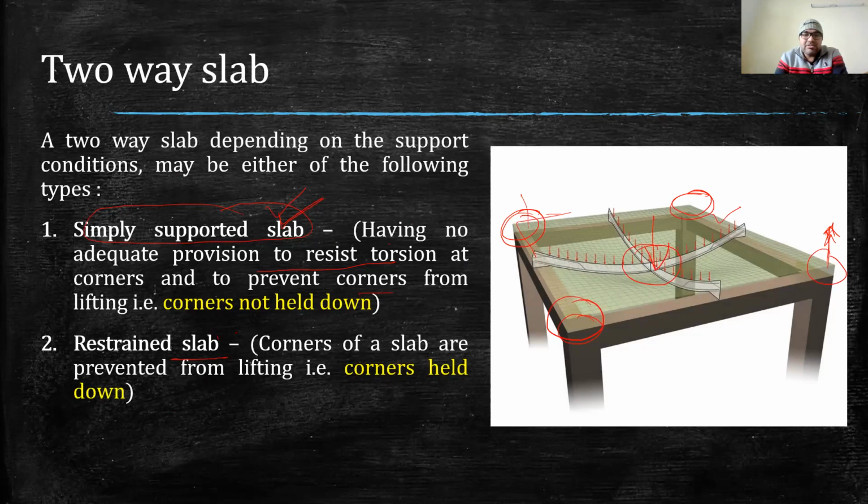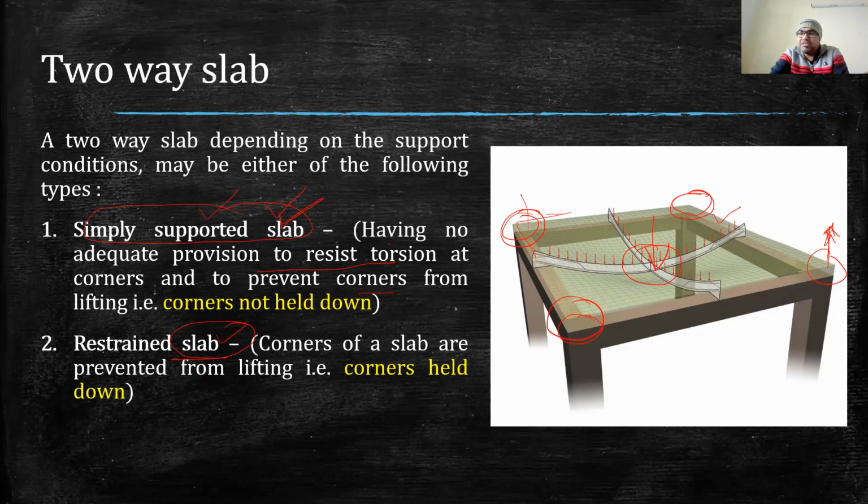So that is the case of restrained slab, in which the corners are prevented from lifting. We will discuss more about the restrained slab in the next lecture. We will be designing restrained slab in the next lecture. In this lecture, we will be mainly focused on simply supported slab.